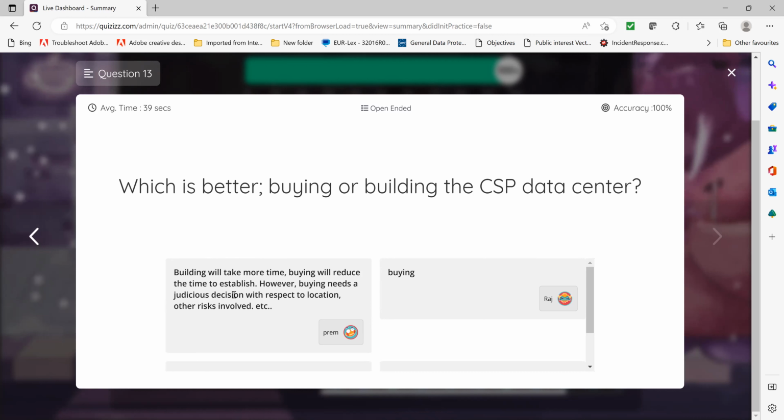Buying will be nice when you want to have your own data center up and running immediately. But unfortunately, I will not be able to have all the features which I require, for example, maybe space, maybe capacity, and so on. Then this will not be practical.